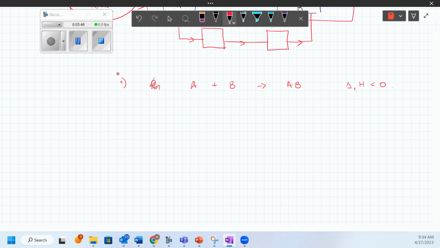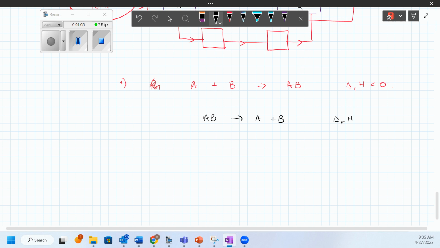What I mean by flipping it is that I don't want AB on the product side, but I want AB on the reactant side. So if this is a formation, then I go to decomposition, AB gives A plus B, then the enthalpy will be positive, the same value, but positive. So when I flip the reaction and change its direction, I change the sign of the enthalpy of this intermediate reaction that we are dealing with.